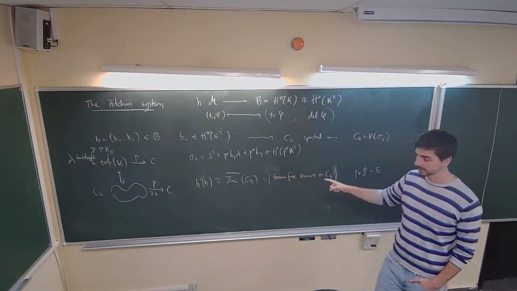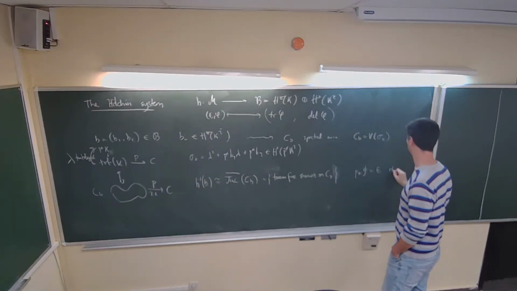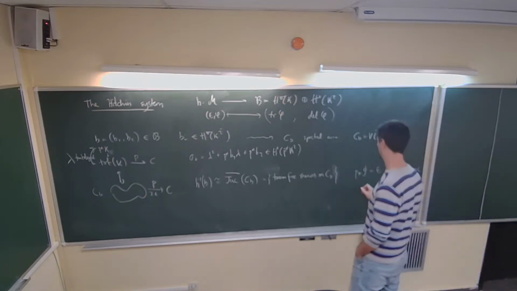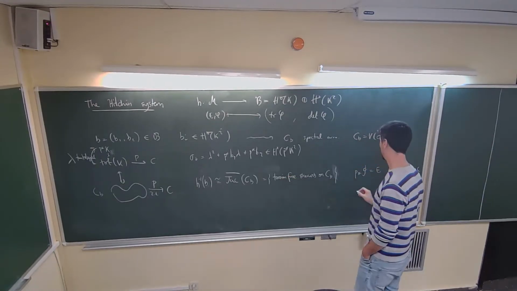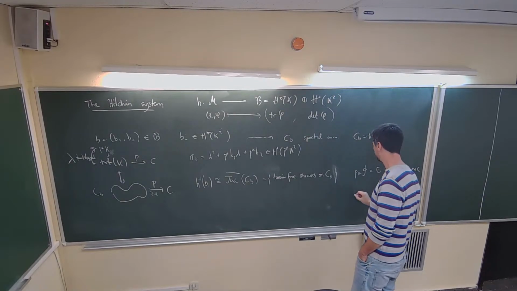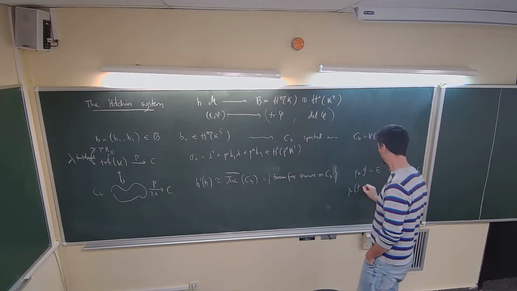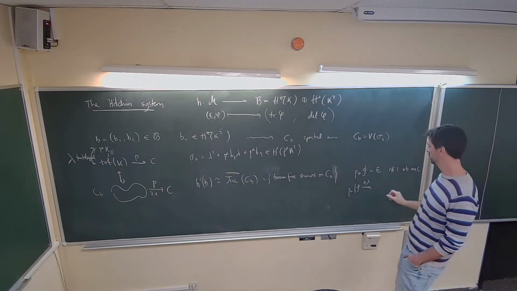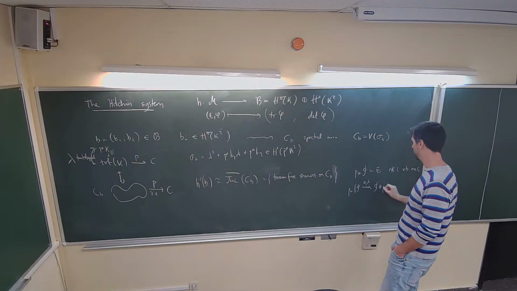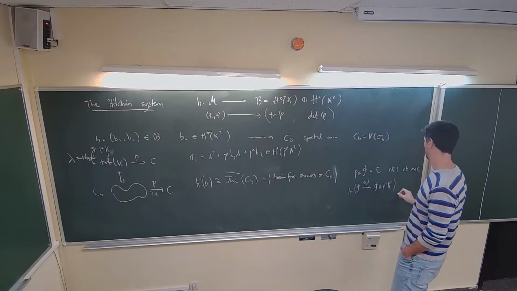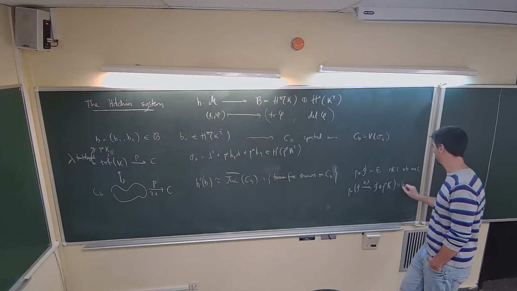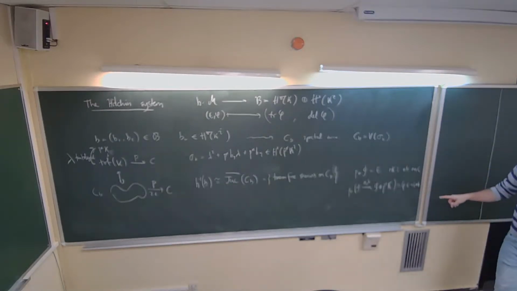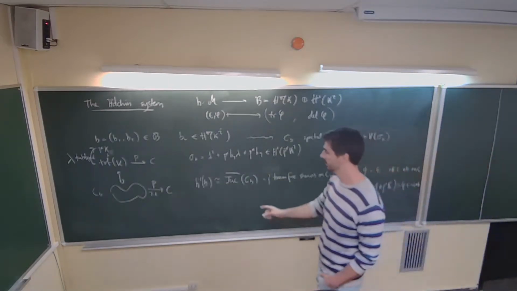Since this is a 2 to 1 map, this gives us a rank 2 vector bundle E on C, and the corresponding Higgs field is given by the pushforward of the morphism that one obtains by tensoring by this tautological section. So this sends F to F tensor K. This gives the field from E to E tensor K by the projection formula. So this gives us a Higgs field.